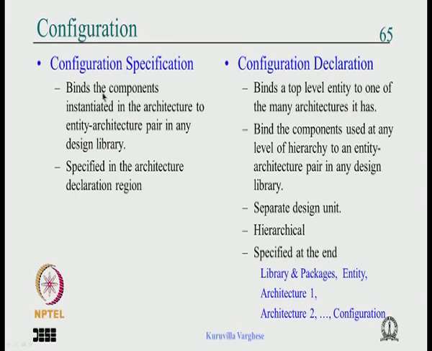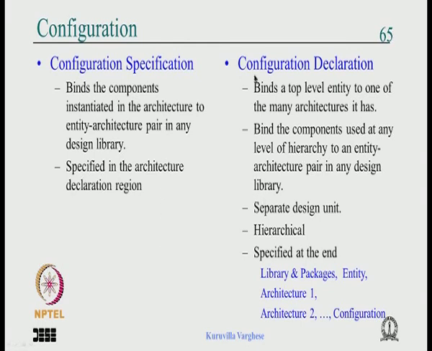But in the declaration region again we are going to say which library, which package, which is the entity architecture pair in that particular package to be used for this particular instantiation. That is what is configuration specification.